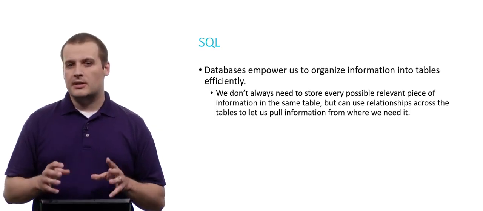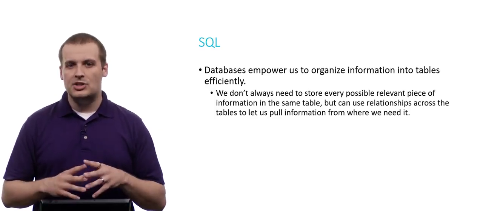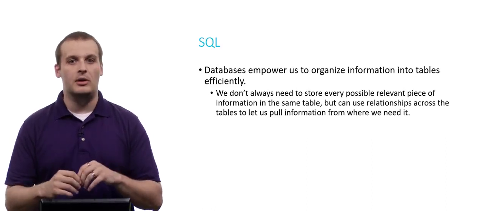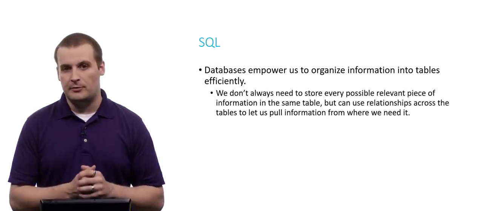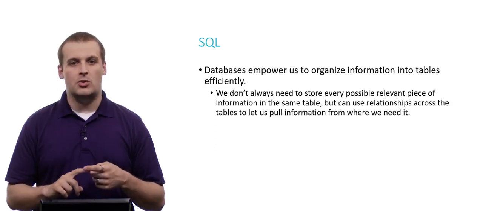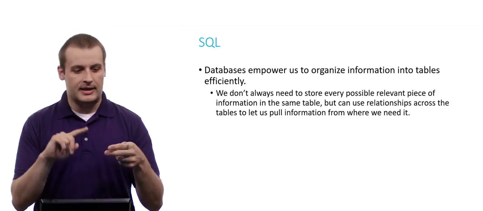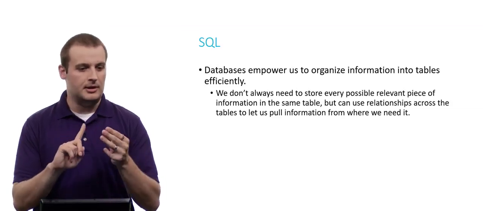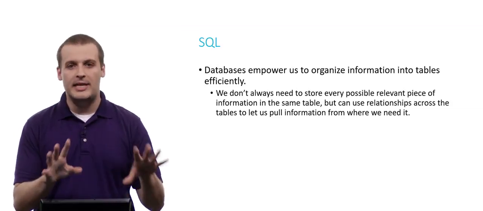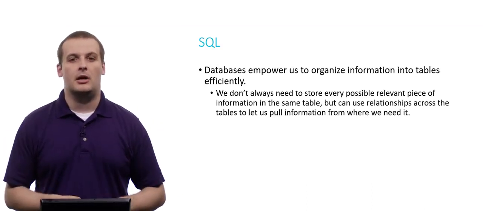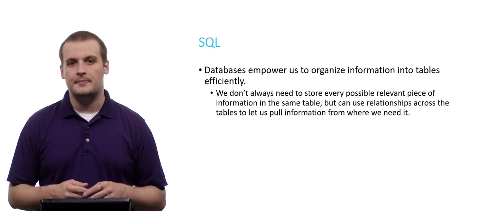So here's the thing that's cool about databases, though. We don't have to just have 2 tables. And in particular, we don't have to have just one table that stores every relevant piece of information about a user. If we wanted to store, in addition to what we have there, information like their address and their date of birth and their social security number or whatever else we wanted to keep about them, this table could get bigger and bigger and bigger to the point where it becomes almost annoying to use.